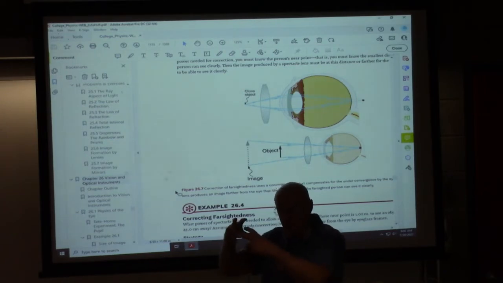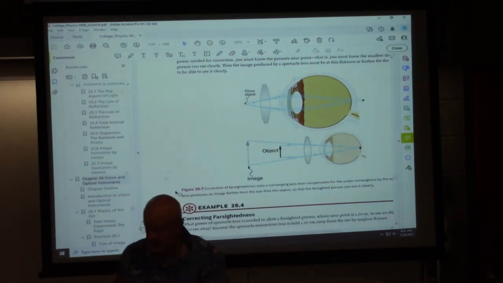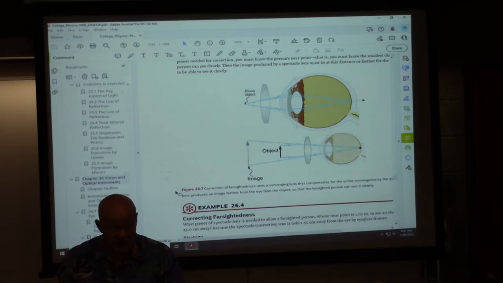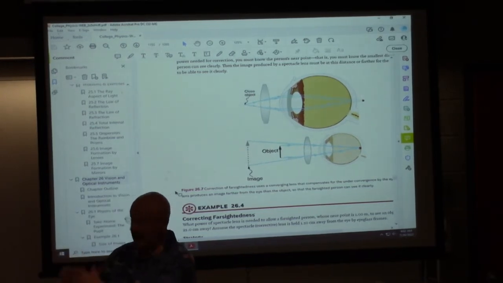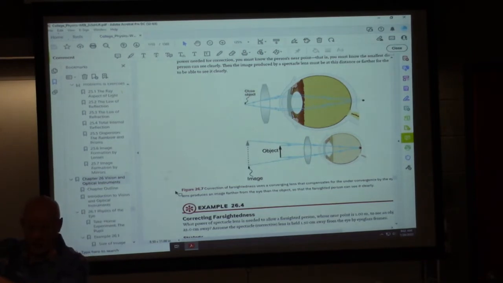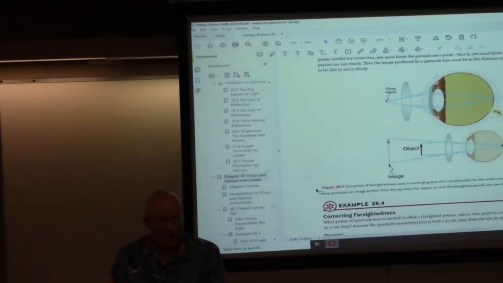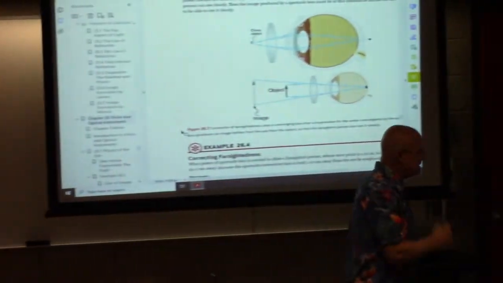So we need to put a set of lenses on Ron's face that allow him to take anything that's close and give it the appearance of being far away, because that's what his eyes operate on. He's farsighted. Mine's the opposite of that.